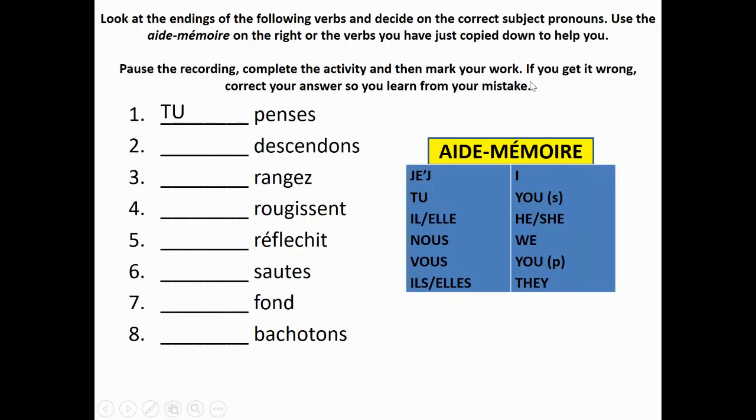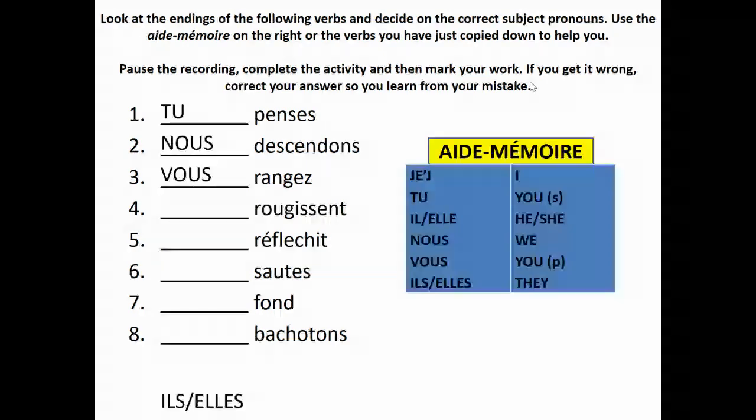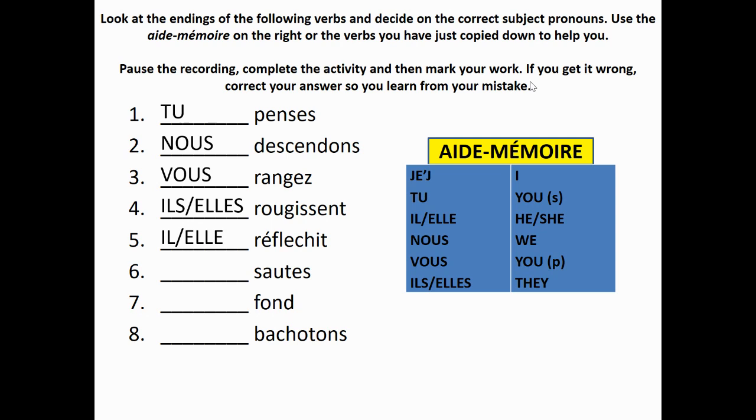Tu penses. The ONS, descendons, is nous. Ranger, EZ, is vous. Rougissent, again, I'm not pronouncing that ENT, but the ISSENT is the ils or elles form. Réfléchit, IT, is il, elle.